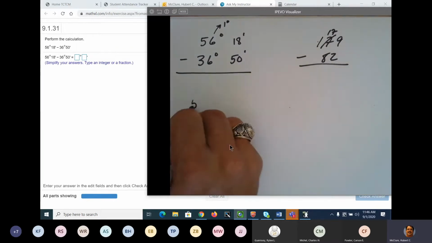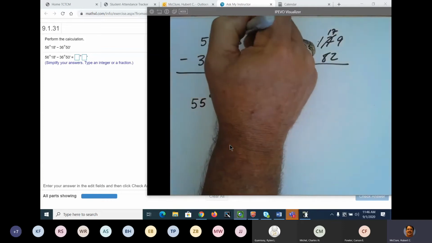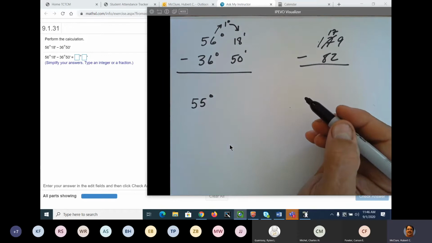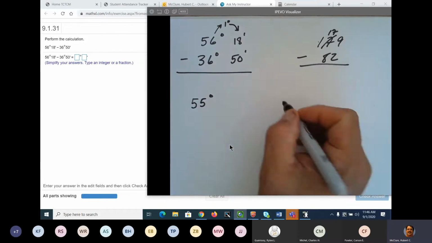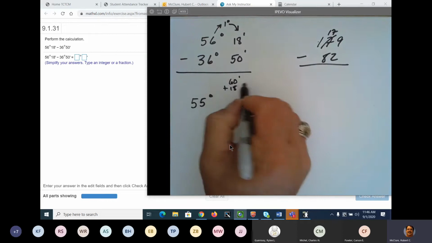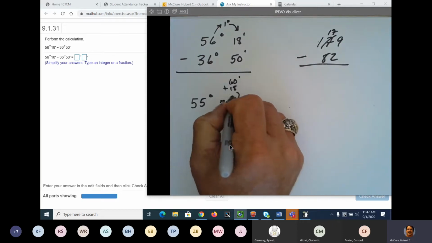So 55 degrees. And that 1 degree comes down as minutes. So 60 minutes plus 18 minutes is 78 minutes.